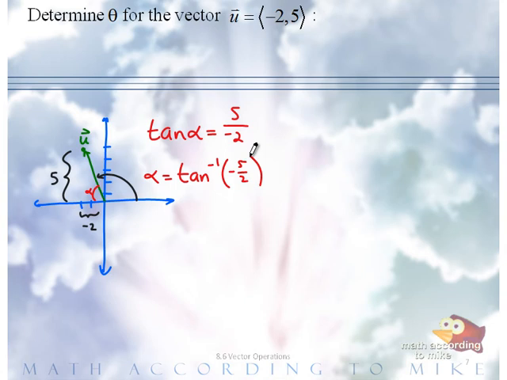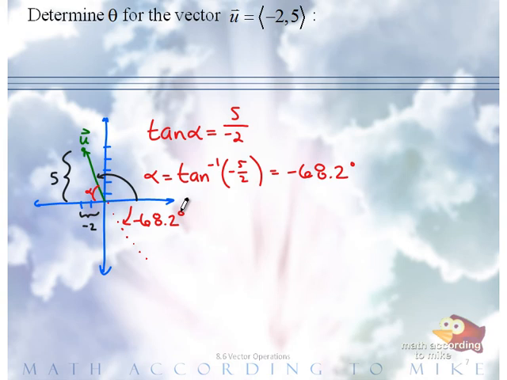Yeah, -68.2. Well, we don't want that. -68.2 is this right here. Which means that alpha is really what? Well, careful.